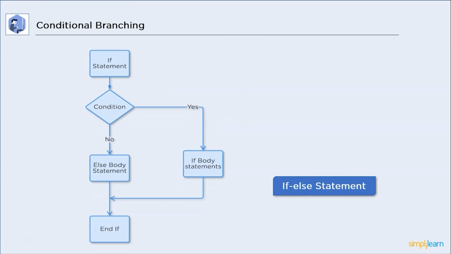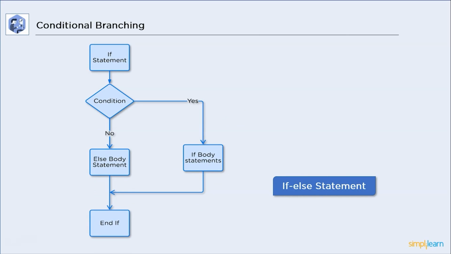Let's discuss if-else statements first. The if statement is made up of a Boolean expression followed by a statement. The statement inside the if condition is executed only if the Boolean expression returns true. If it returns false, then the program will simply execute the else statement if it is available, as you can see in this flowchart.